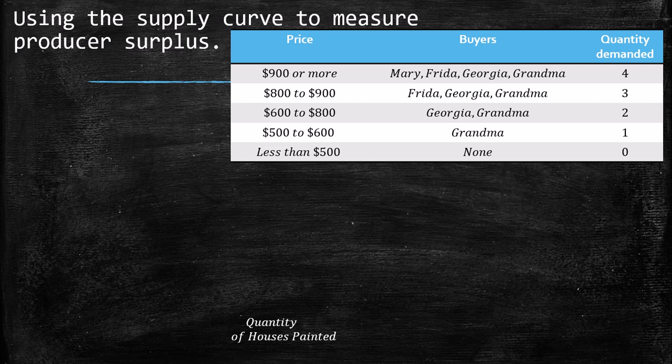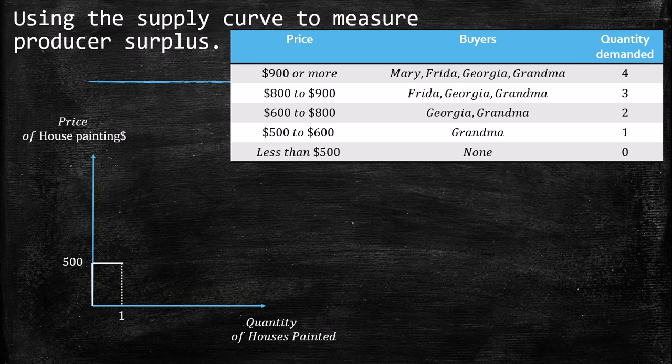Okay? So here we can represent it the same way we did for the consumer surplus. When the price is from 0 to 500, no one is going to work, so the quantity of houses painted is going to be 0. There's not going to be any production.